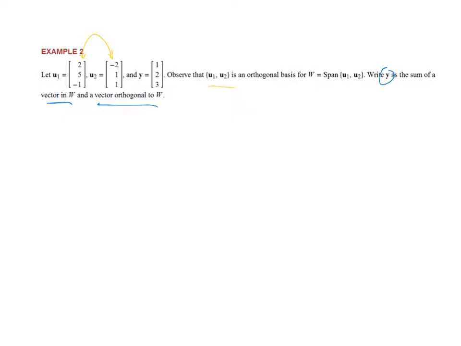Okay, so we're going to find y hat first. That is y dot u1 over u1 dot u1 times u1, and then add to that y dot u2 over u2 dot u2 times u2. Lots of subscripts there, and I'm not going to go through the calculation. I'll just jump to what you get.